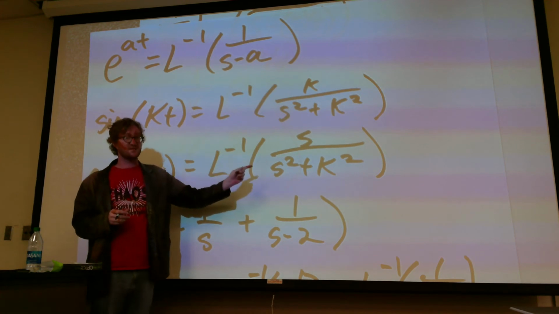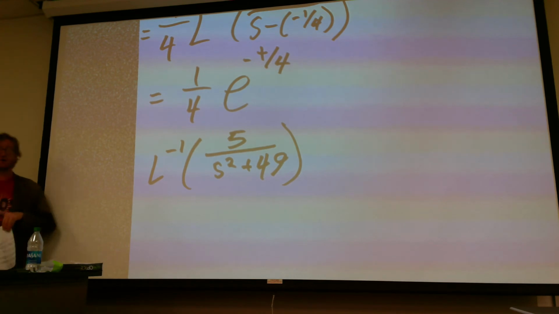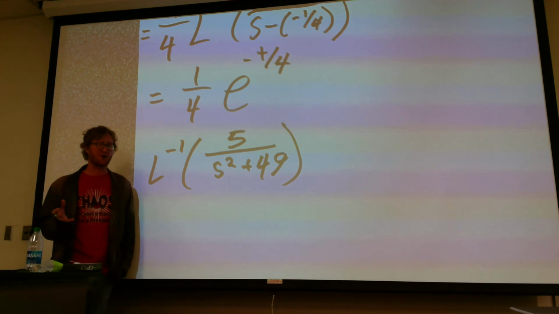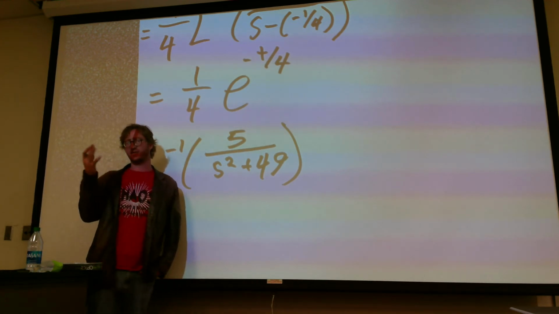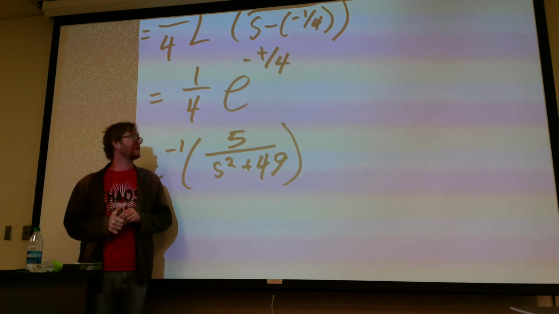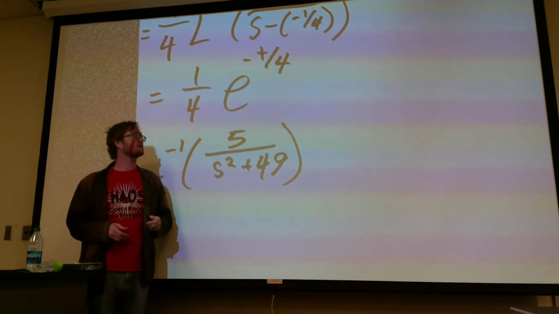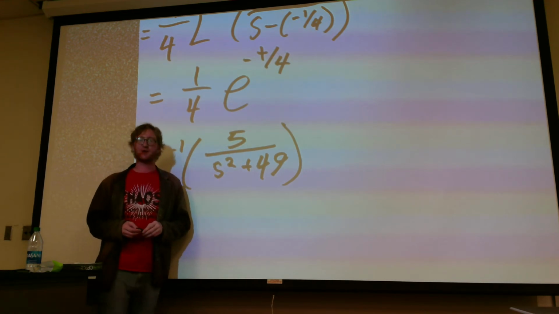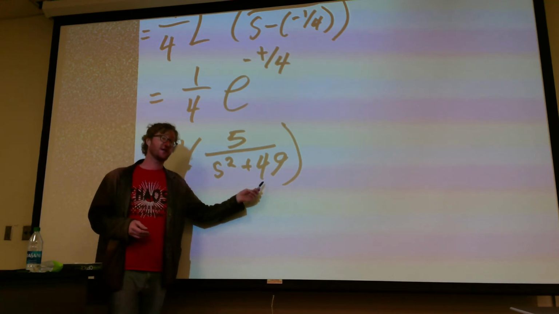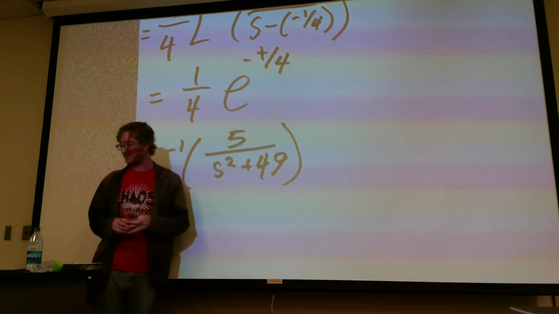On this problem we do not have an s on top, so you need to automatically think this is going to be associated with sine. Now you have to think about what I need to actually put there. It's k divided by s squared plus k squared. You take this number, 49. This is really k squared, which means k is going to be 7. So you need to get a 7 there.